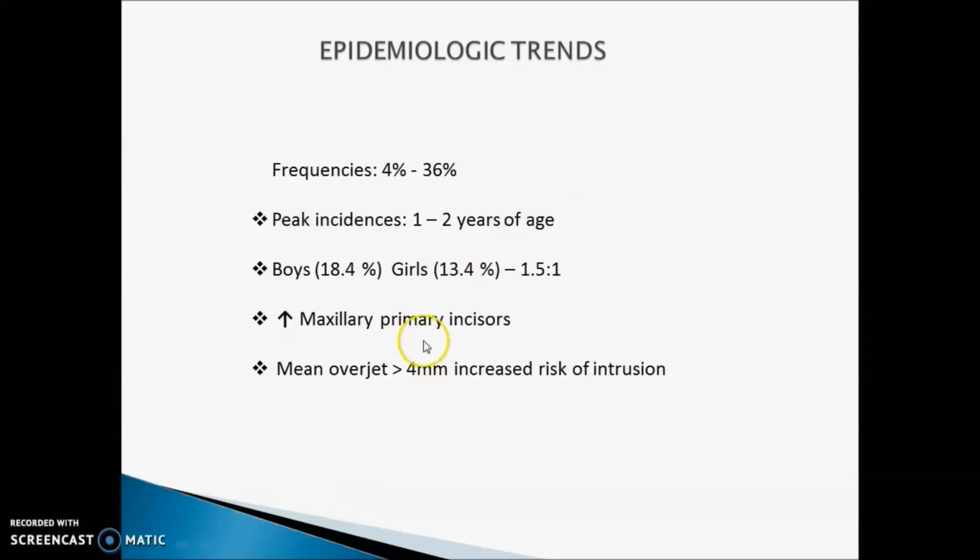Boys are affected more frequently, around 18.4%, and girls around 13.4%. If you check the ratio, it is 1.5:1. The commonly affected teeth are your maxillary primary incisors, and if overjet is more than 4 mm, they have the risk of intrusion. So these are a few epidemiological trends.